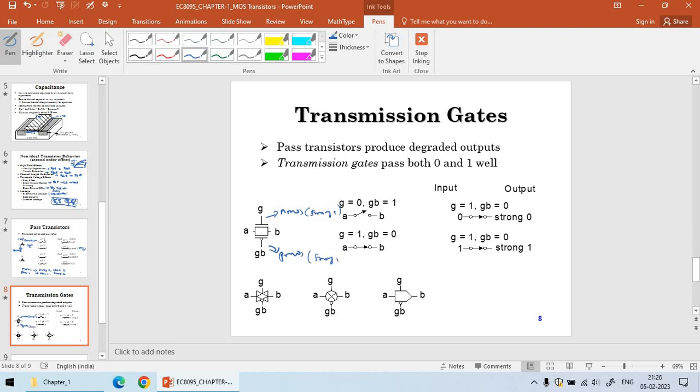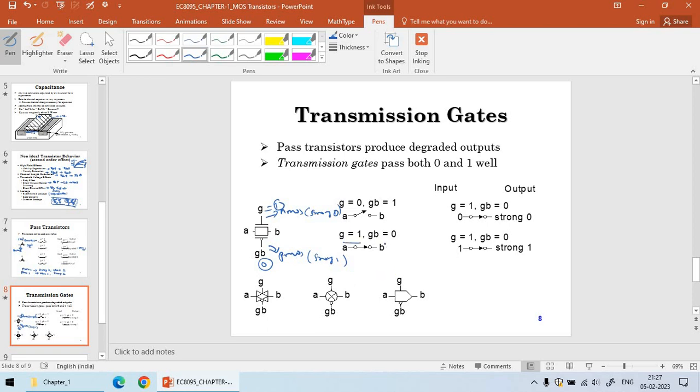NMOS can pass strong 0, PMOS can pass strong 1. So when combined, you can obtain the benefit of passing strong 0 or strong 1. Under which condition? When this gate is equal to 1 and this gate is equal to 0. When this is satisfied, the switch will be in the on condition and you can pass either 0 or logic 1. That has been written here.